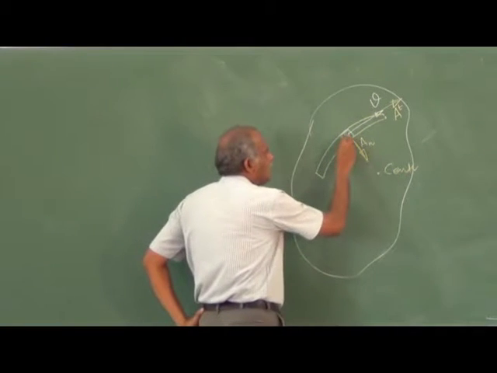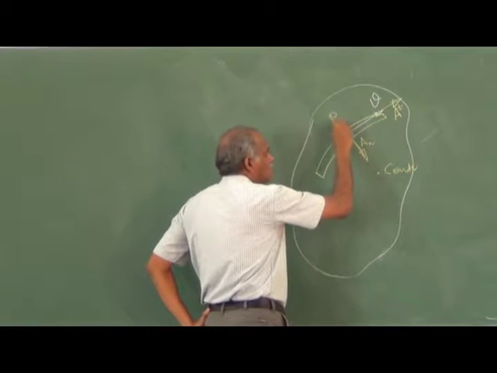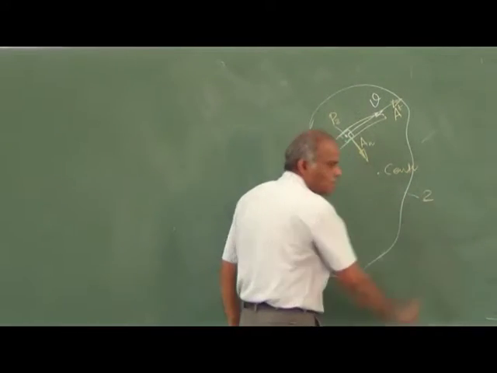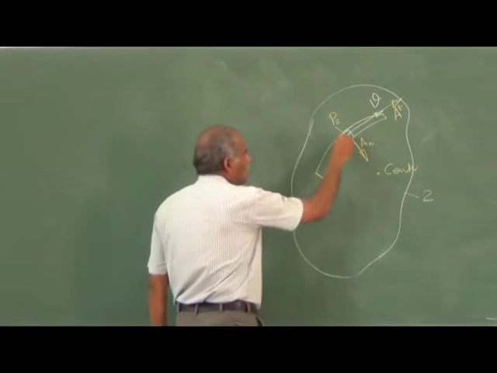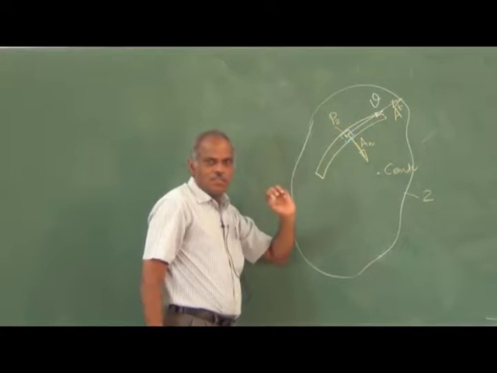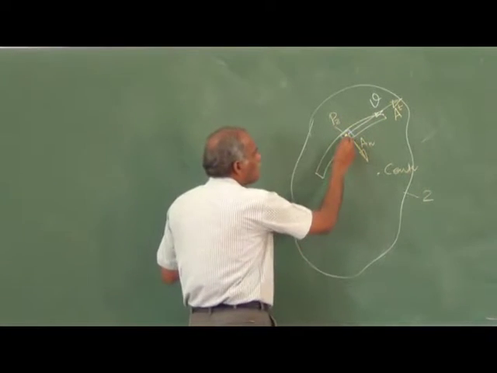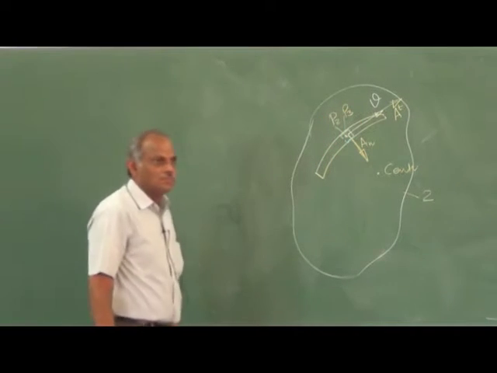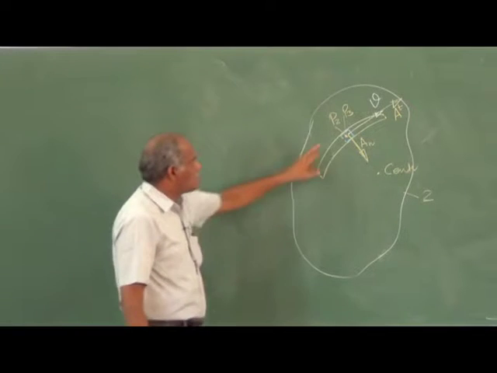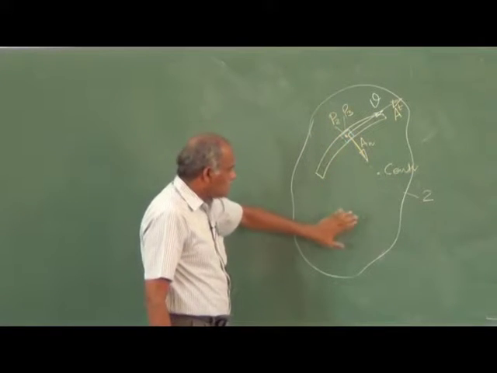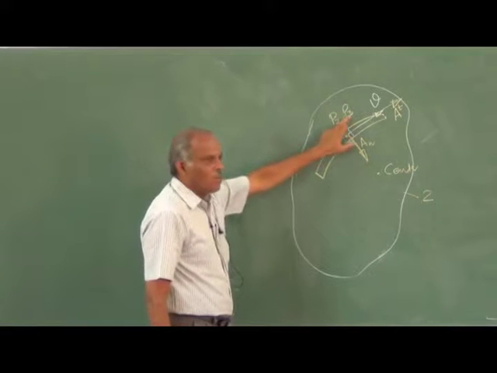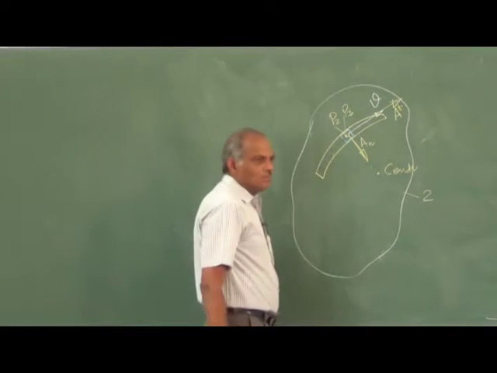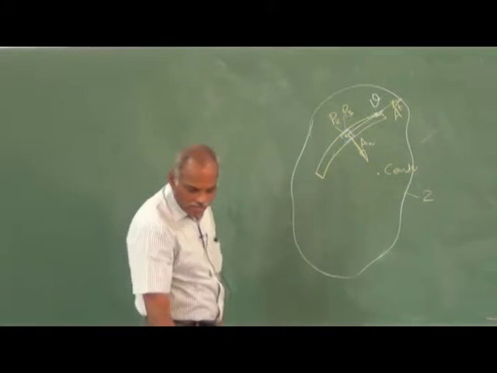Suppose I take a point here, P2, which is part of this rigid body 2. I consider the slider as a third link, then I can think of a coincident point, say P3. So P2 is a point on this rigid body. P3 is a point on the slider. At this instant, both of them are coincident. Then I can give certain notations to it.